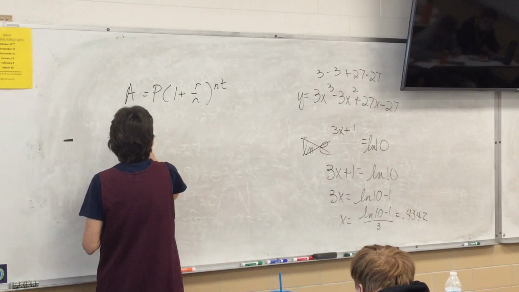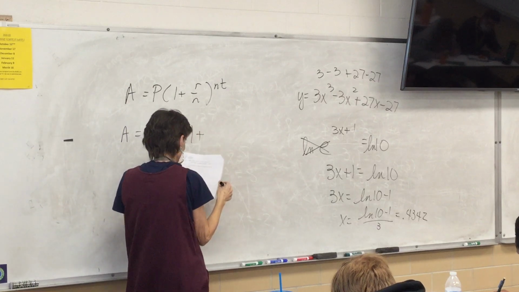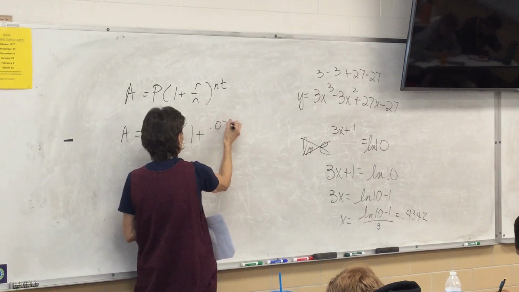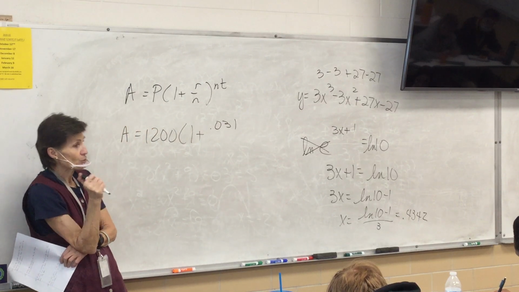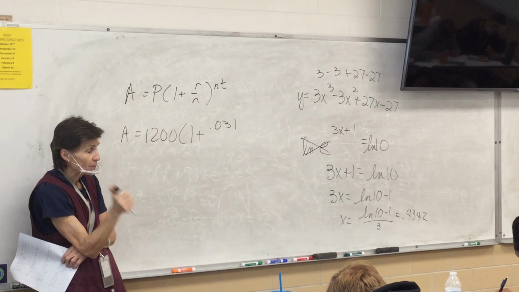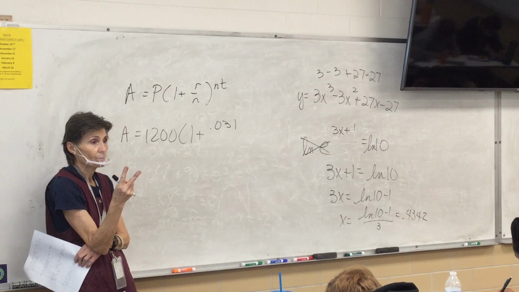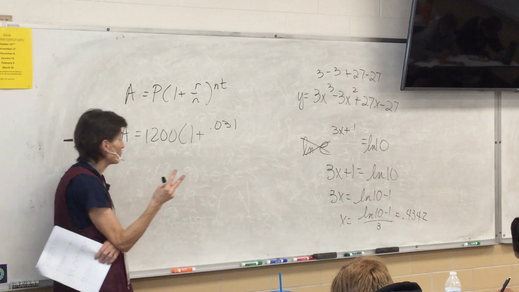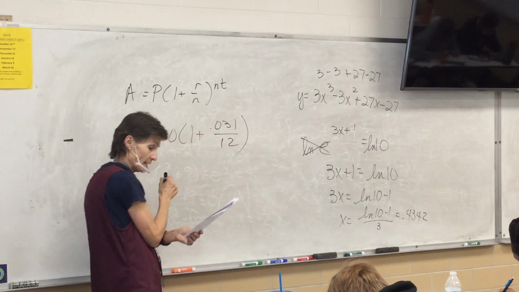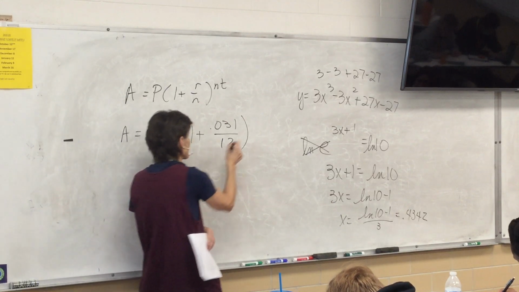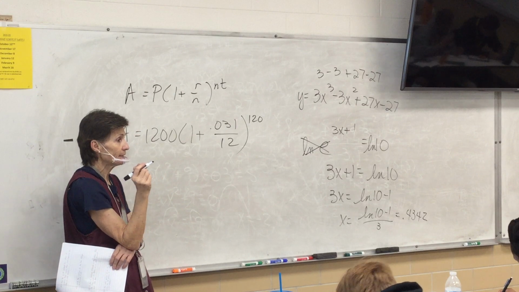P is 1200, because that's what I start with. The interest rate is 0.031. Remember, your interest rate, you have to move the decimal point 2 places. So it's 0.031 divided by 12, like Brendan said, and it's for 10 years, so this will be 120. Yeah, 12 times 10.